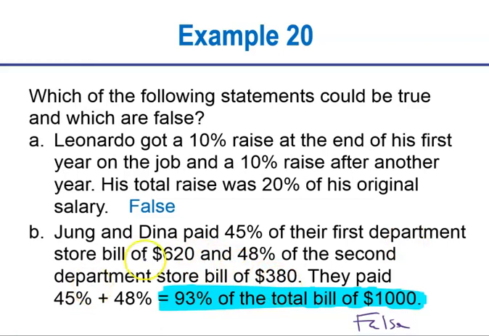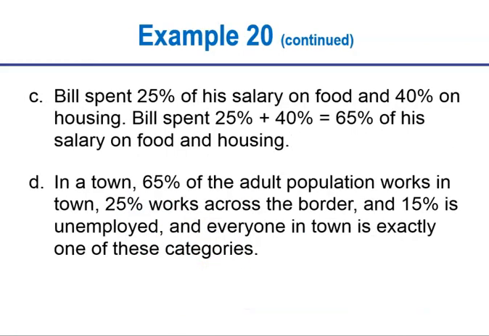Actually take 45% of 620, which we just multiply, 0.45 times 620, then take 48% of 380, okay? And then calculate 93% of the total and see if that worked. It won't.